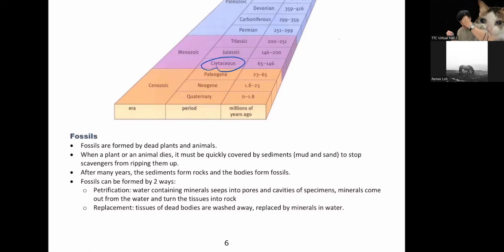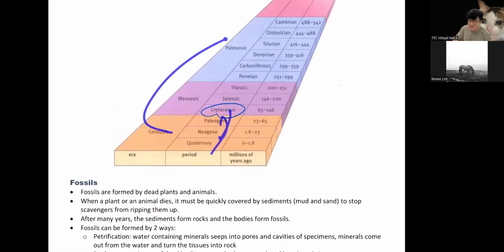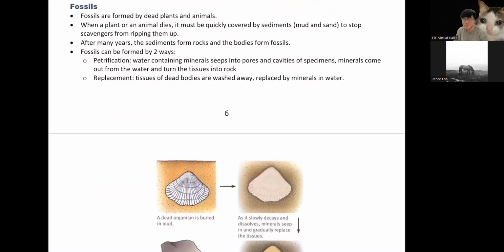Like cockroaches. Cockroaches existed around here, and after 100 million years they are still here. That's why we call cockroaches Xiao Qiang, because they're very strong. After so many years, they're still around, not extinct. So that's it. You don't need to memorize these eras, so this part has no exercise. I just want to mention this for fun.